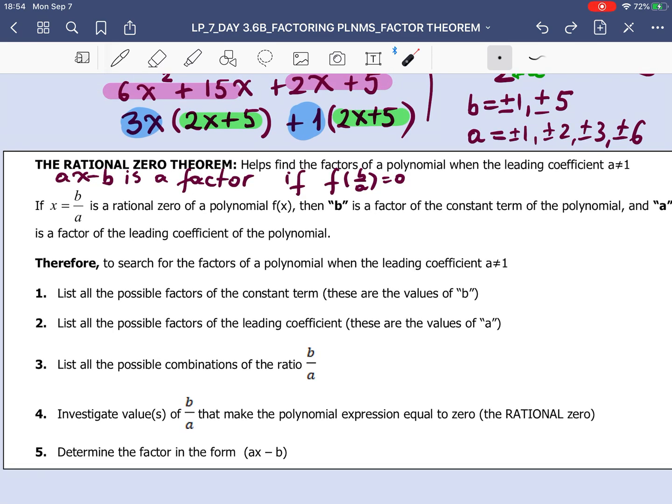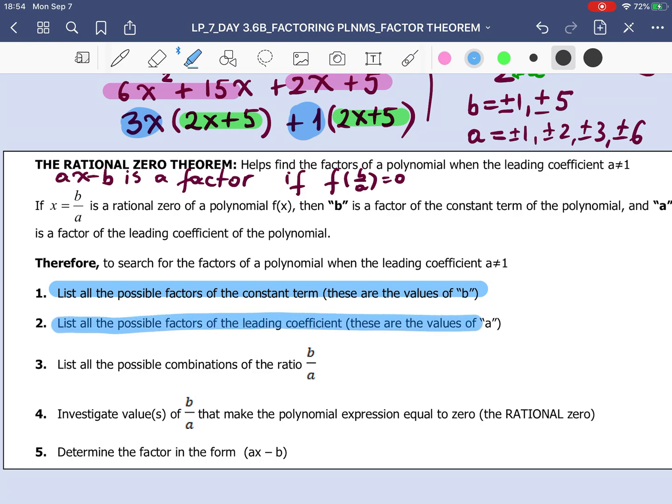First, we must list all the possible factors of the constant term. This will give us the values of b. And then list all the possible factors of the leading coefficient, which would give us the values of a.